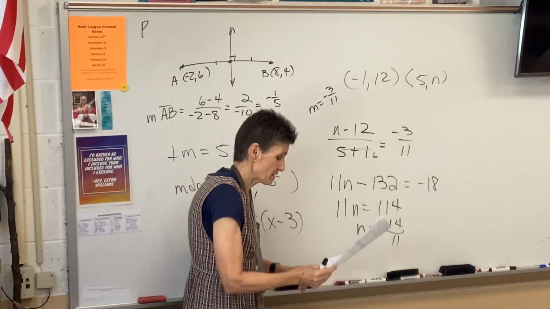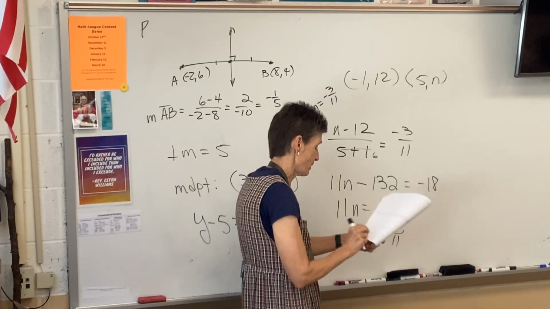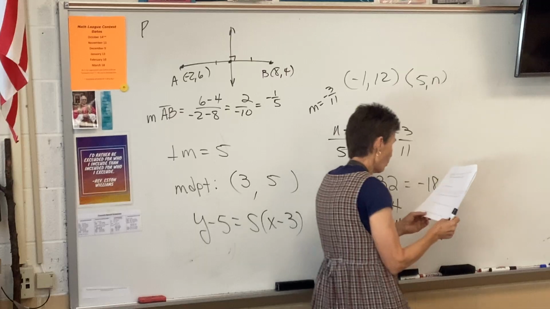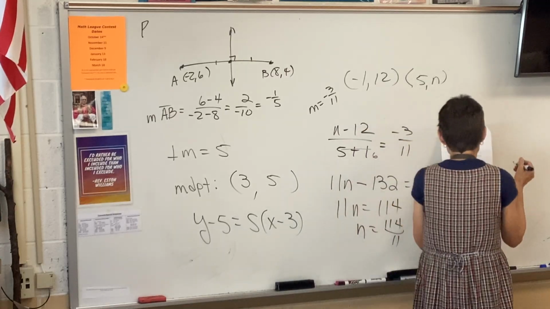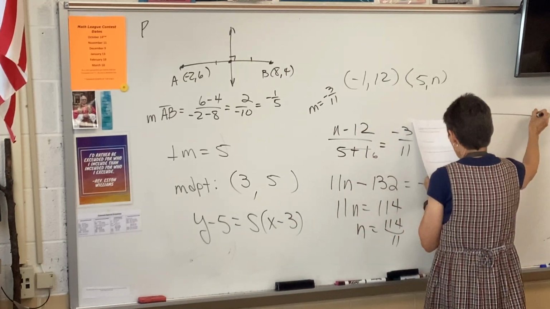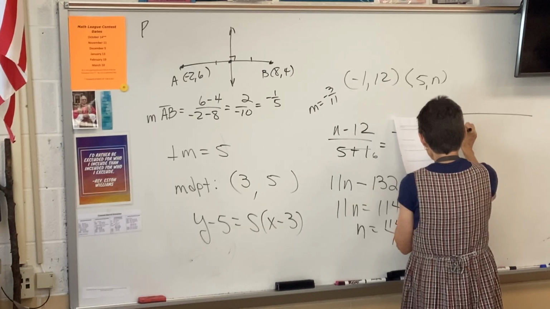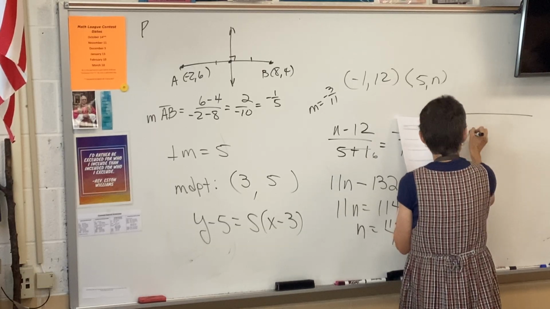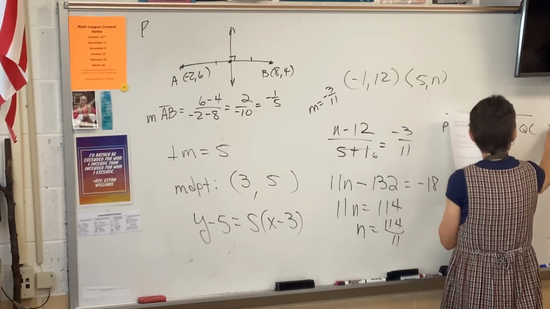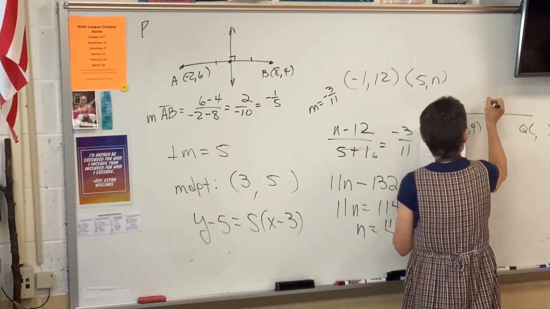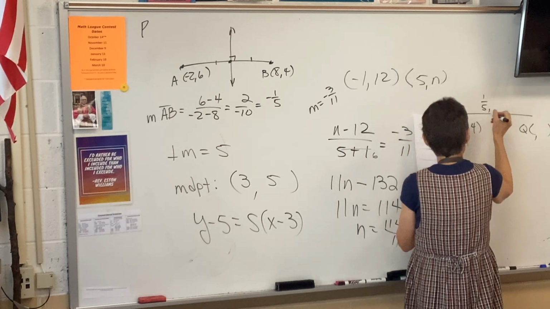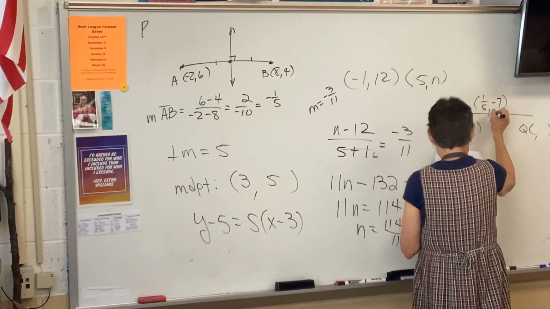All right, there's one more on this page, so we'll finish this page and then you'll be on your own there. Find the coordinates of Q. So P is negative 8, 4. Q I do not know, but the midpoint is 1/5 comma negative 7.